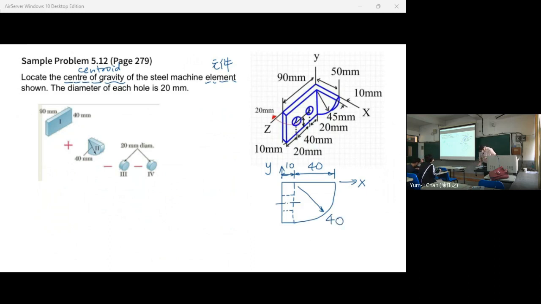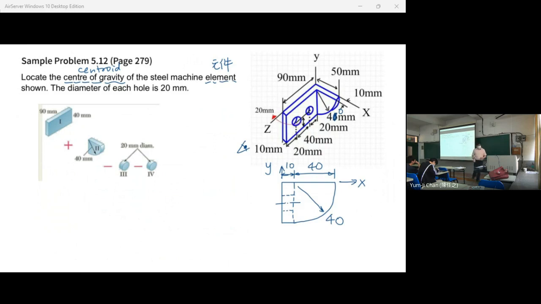Sorry, this is 40 millimeter, not 45. So from the side view, if you look at this shape from this to the negative z direction, you will get something like this. Is that clear? So these are the holes here, and these are the holes here.